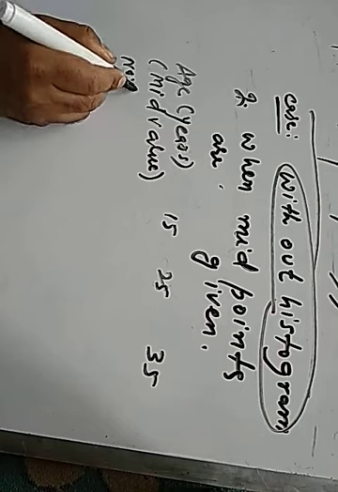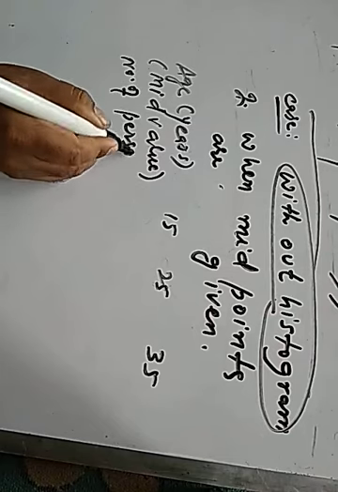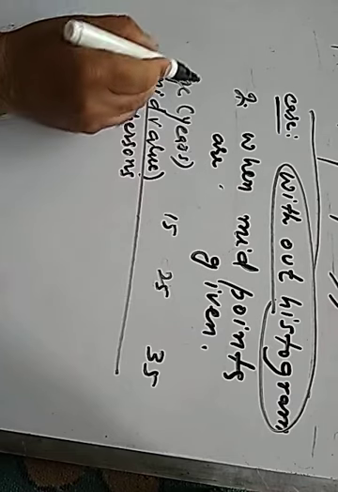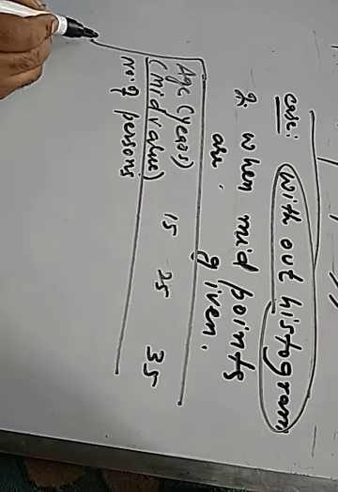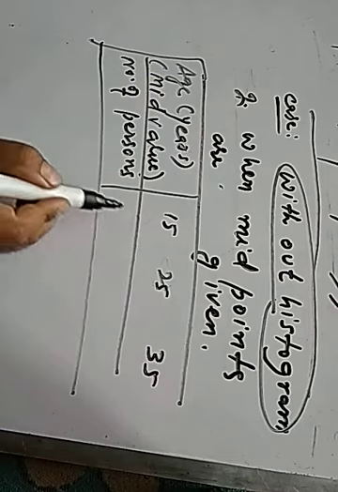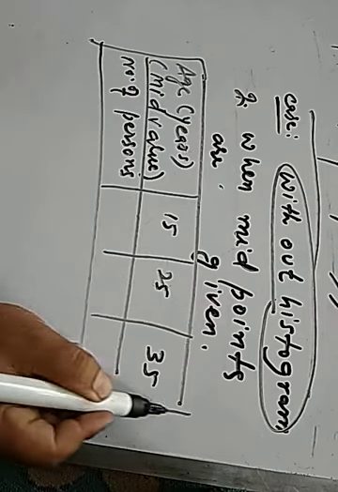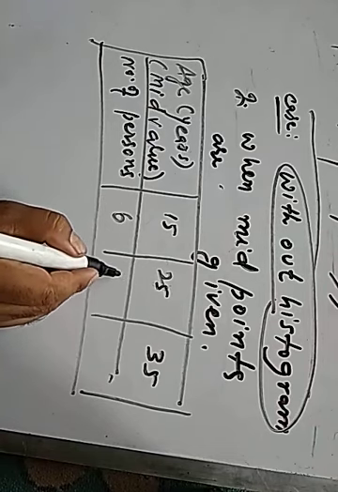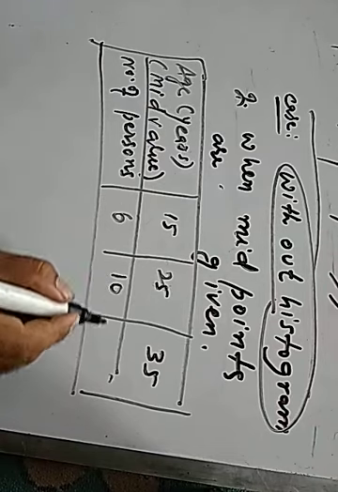And number of persons, which is the frequency of this variable, suppose that is given as 6, 10 and 7.